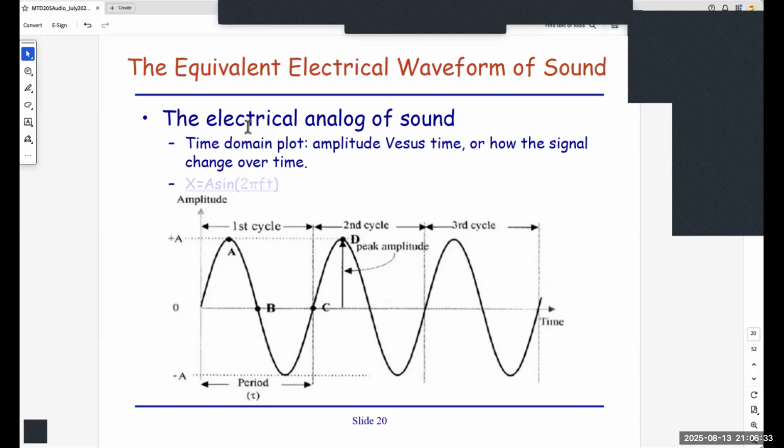When you capture it with a microphone and convert it into an electrical signal, we must have the ability to transform it to the quantity or quality that we want. For example, I want to transform a male voice to a female voice or a female voice to a male voice. It can be easily done.